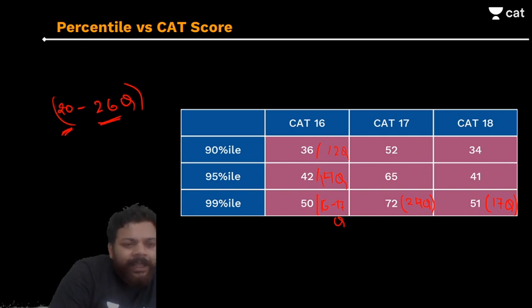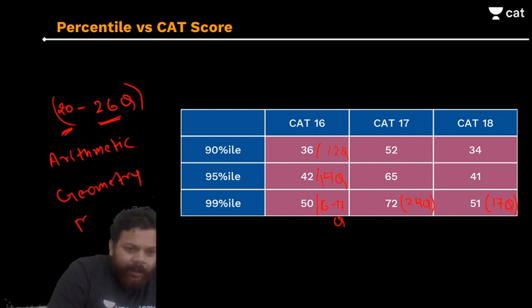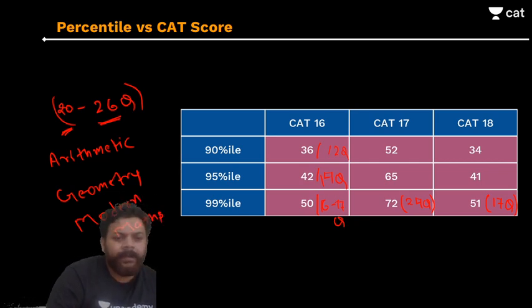And these 20 questions are easily achievable if you solve the arithmetic part, geometry part, and modern maths. And somewhat numbers, since there will be very few questions from numbers.